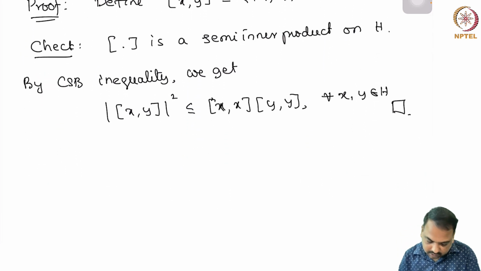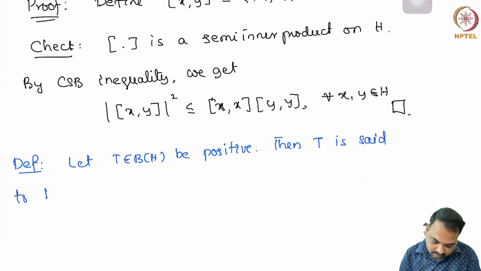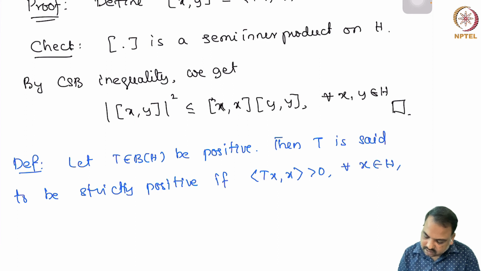Definition: let T be positive, then T is said to be strictly positive if inner product Tx with x is strictly positive for all x in H, x non-zero.